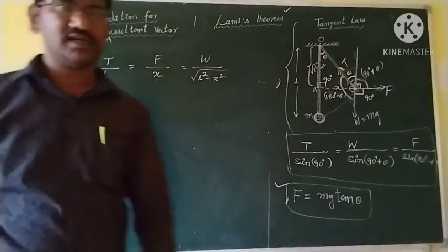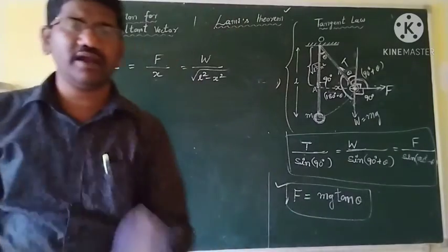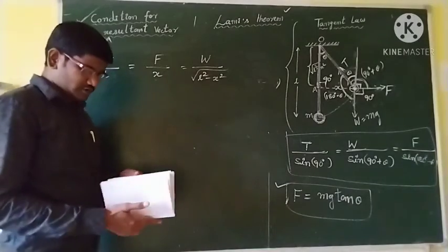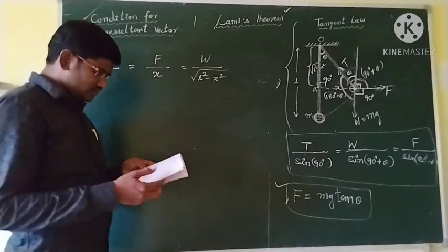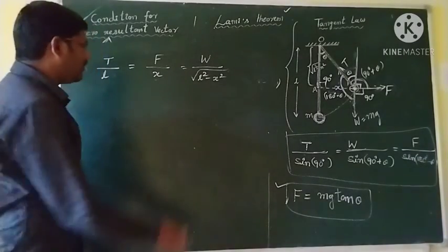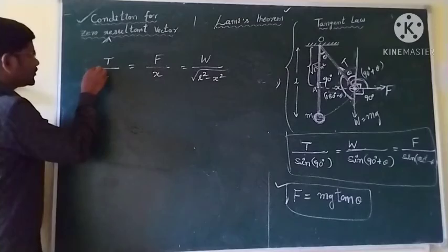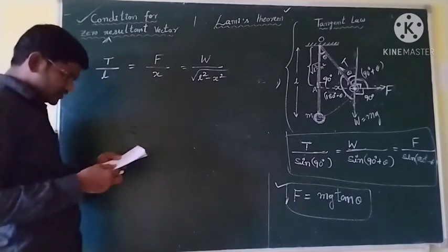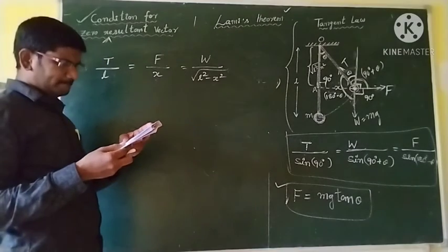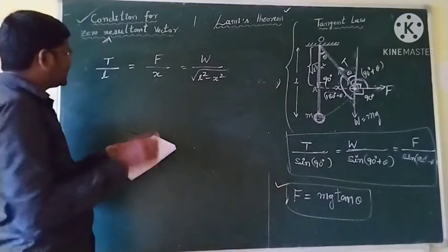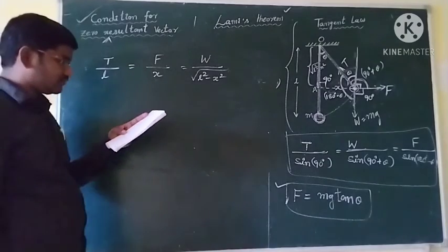Okay students, tangent law formula you can write in that manner also. So what have we written? T by L is equal to F by x is equal to W by root over L square minus x square.